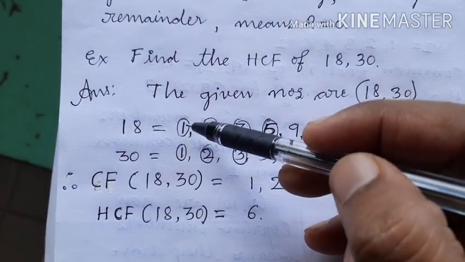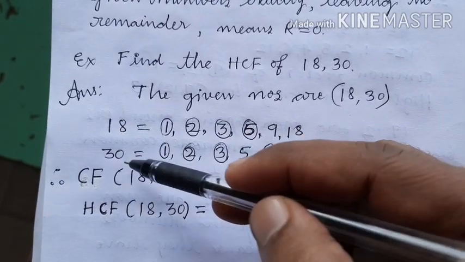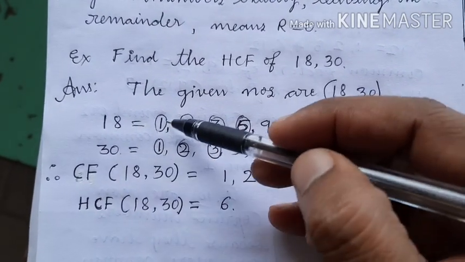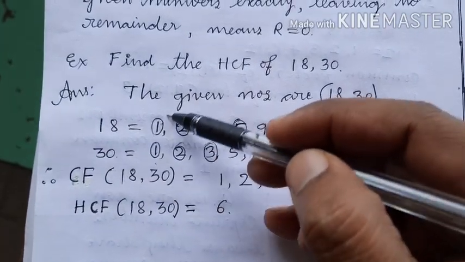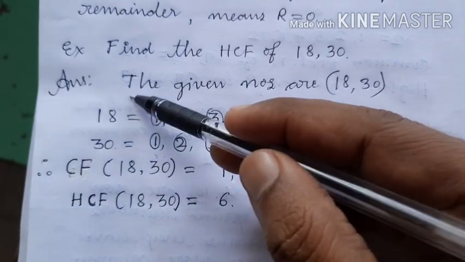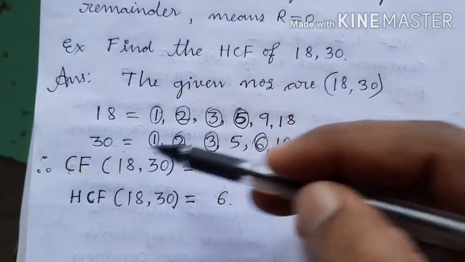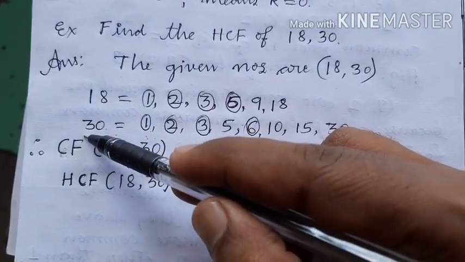See here, children, 1 is factor of 18 also, 1 is factor of 30. Therefore, this 1 is called the common factor of 18 and 30. Common factor means it is a number which can divide both the numbers. Then 2 is factor of 18 also, 2 is factor of 30 also.